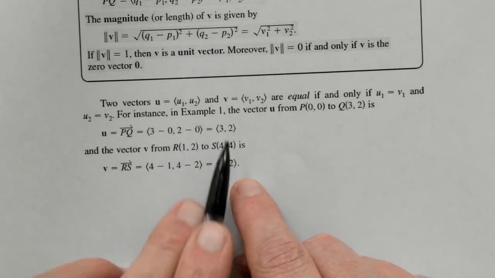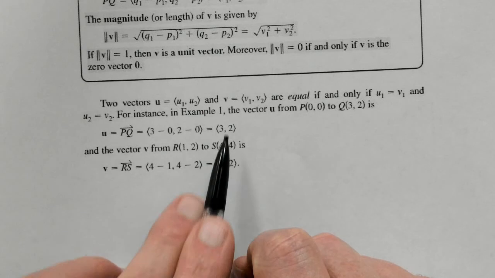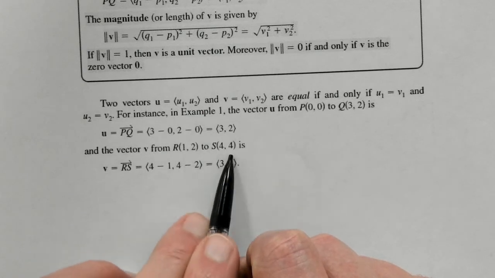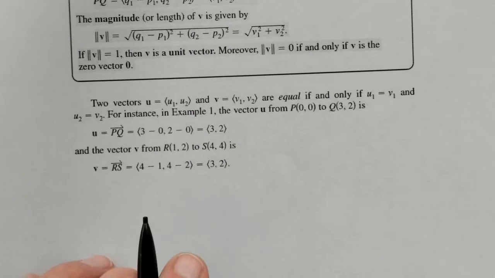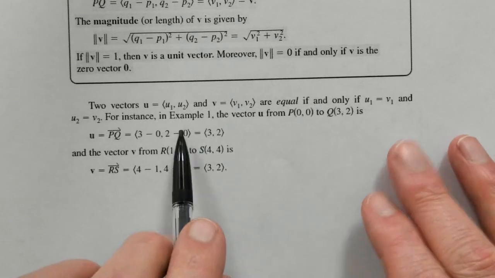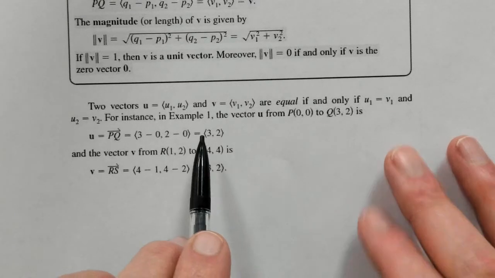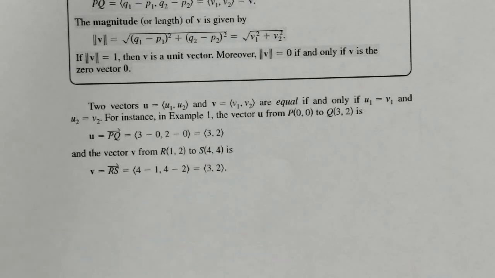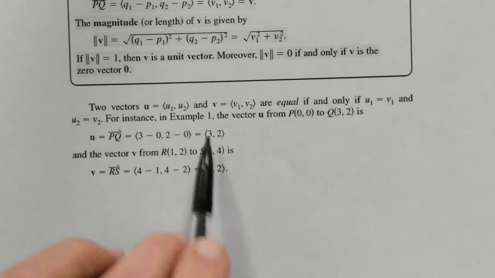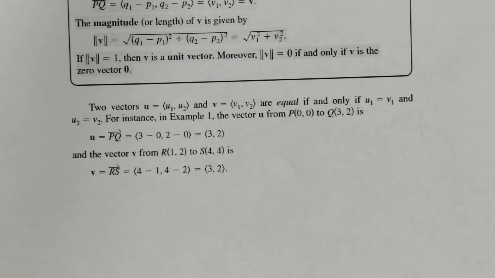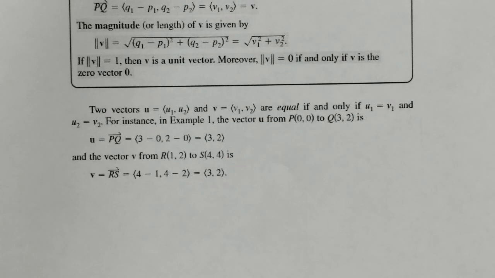It's the same components. So since the corresponding components are the same, those two vectors are equal. Now, they're in different positions, but they're equal. So basically, if the magnitude and direction of the two vectors are the same, then the vectors are considered equal, regardless of what position they're in. It's almost like how congruent figures were in geometry.